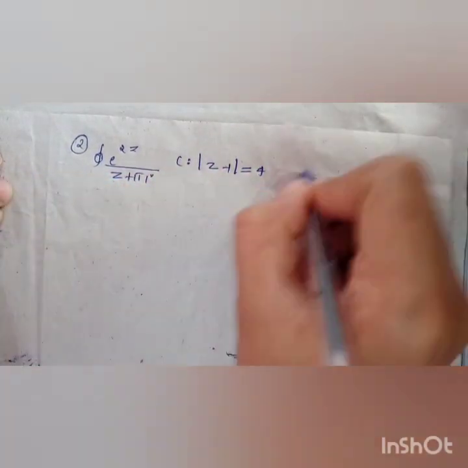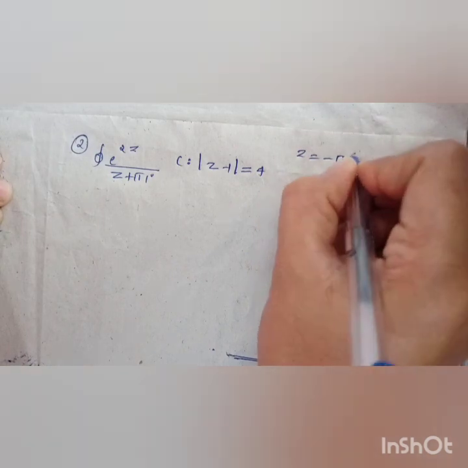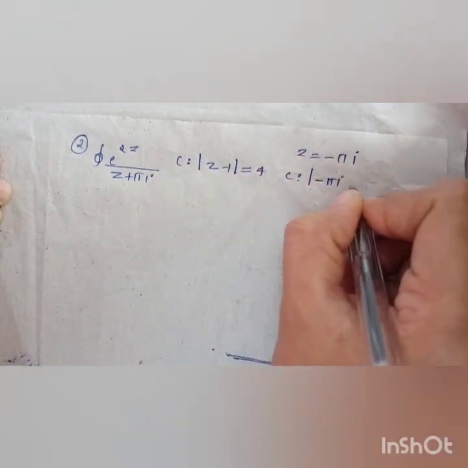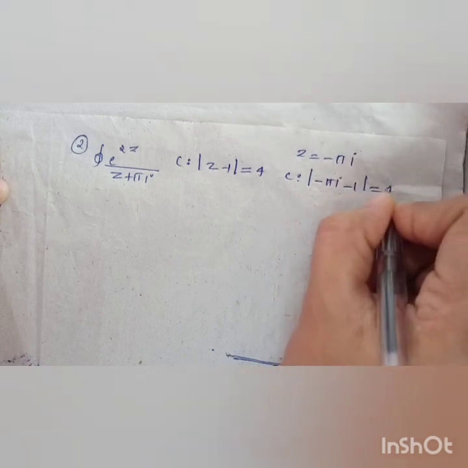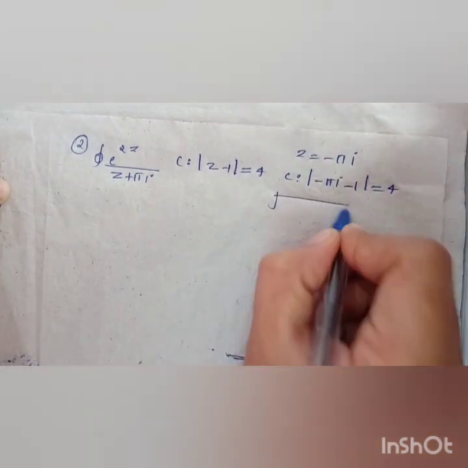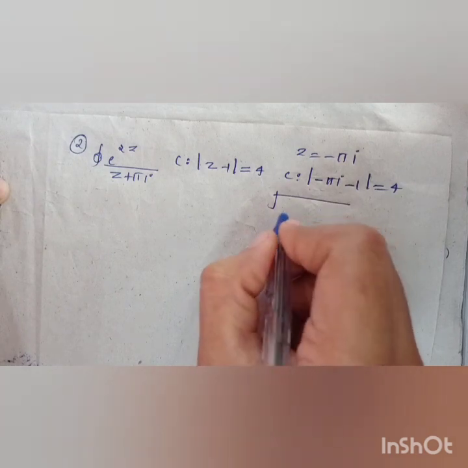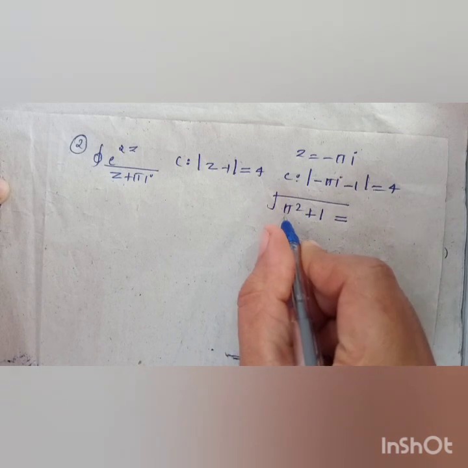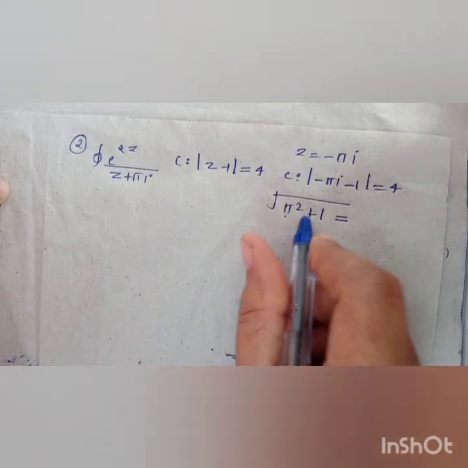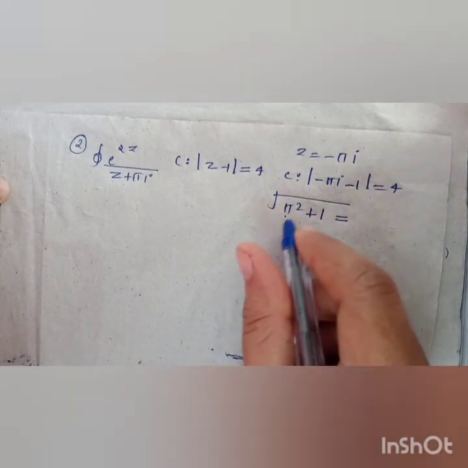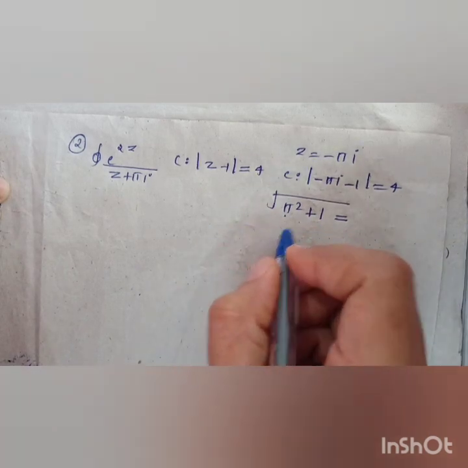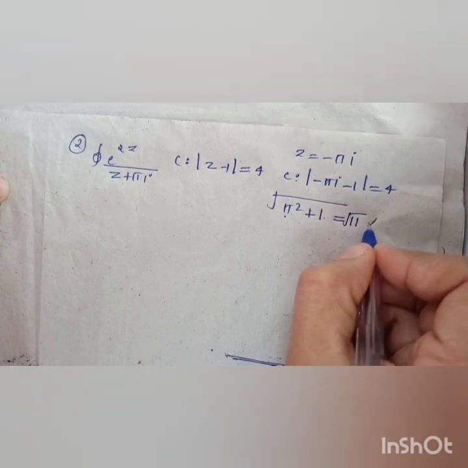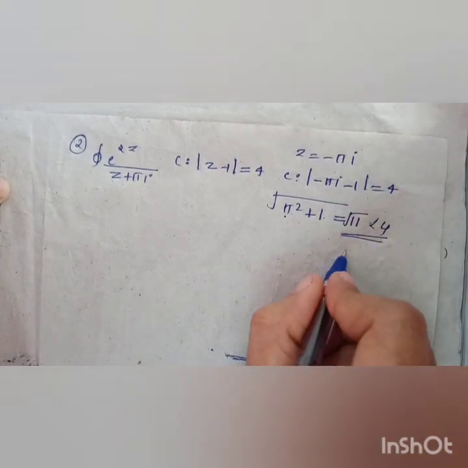So we know that the singular point is z is equal to minus pi i, and if you put it in the contour, that is |minus pi i minus 1|, equal to under root pi square plus 1. We know that pi is approximately 3, and pi square is approximately 10, plus 1 is 11, root 11, which is less than 4 now. So this is an inside point.